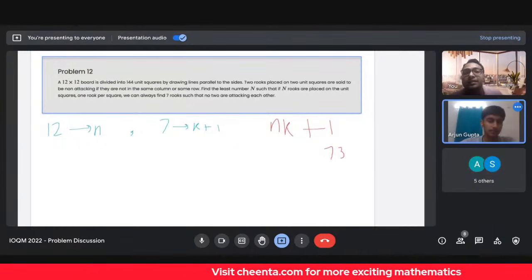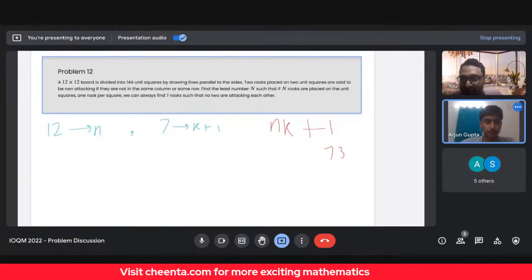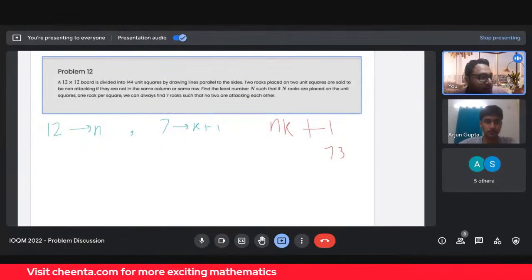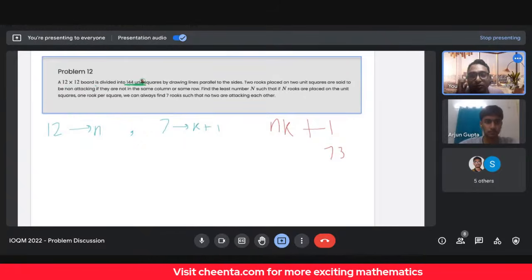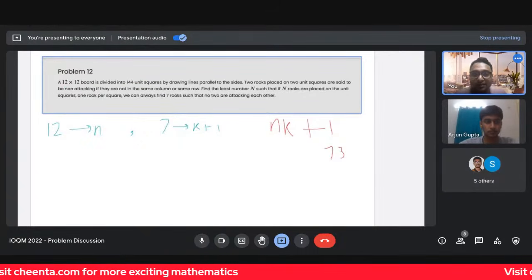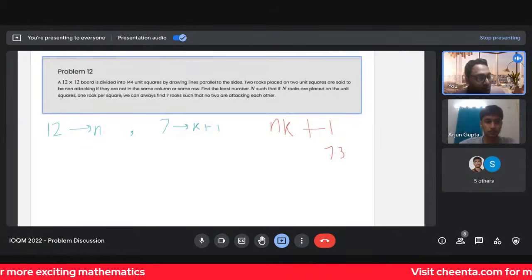Let me explain the problem to the students a little bit. The problem says there is a 12 cross 12 board, like a chessboard, divided into 144 unit squares.